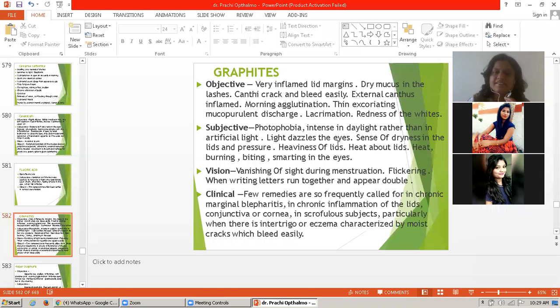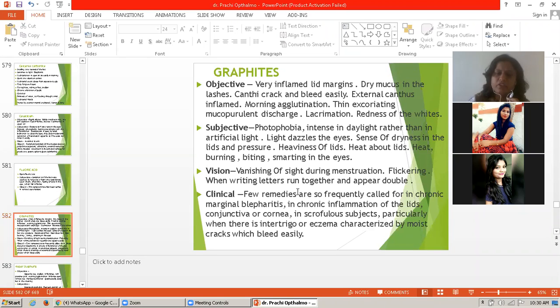So, light dazzles the eyes, with a sensation of dryness in the lid and pressure. There is a heaviness of the lid and heat about the lid. Heat, burning, biting, smarting in the eyes, with the vision of Graphites being vanishing of sight during menstruation. There is a flickering when writing, letters run together and appear double. So there is double vision with the letters running together. These are seen in the vision of Graphites.